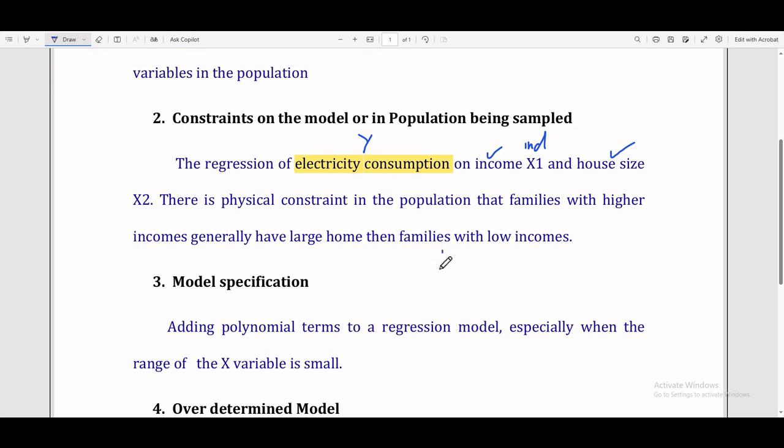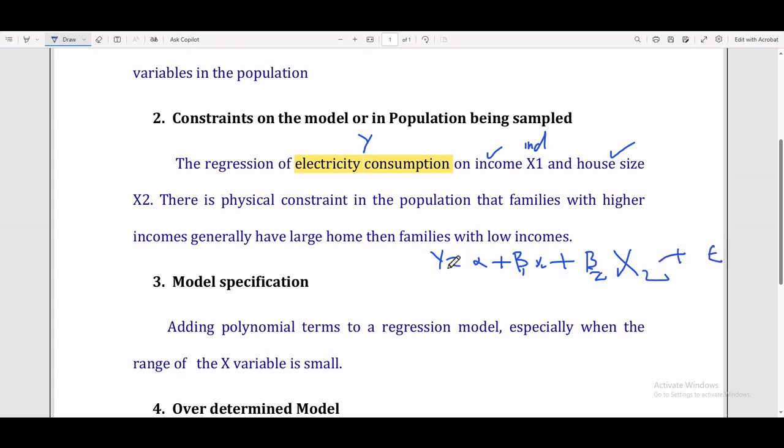So if we model like that, y is equal to alpha plus beta 1 x1 plus beta 2 x2 plus error term.